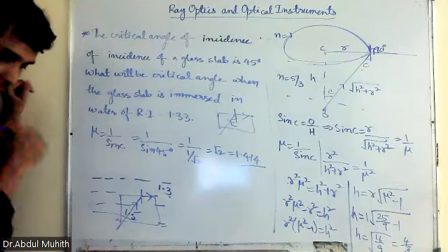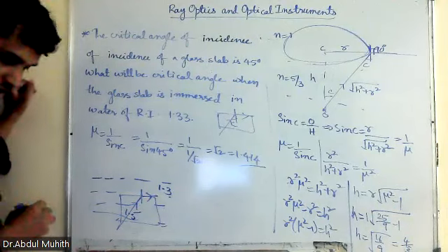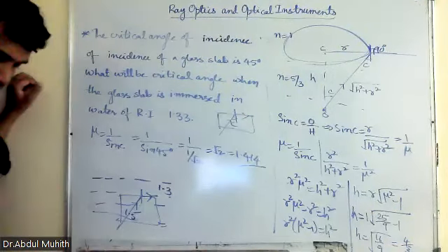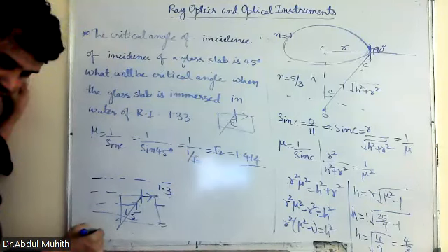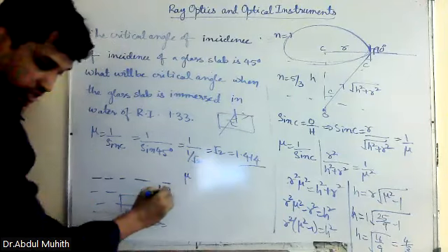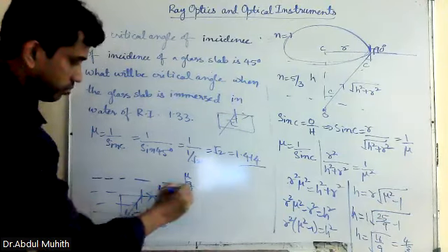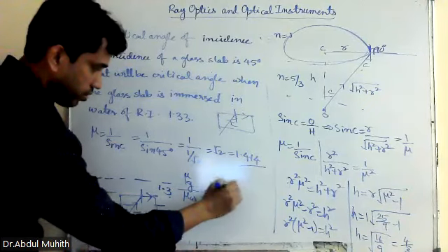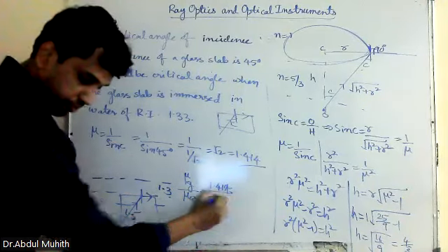Okay. So we have the formula, right? You can use a simple formula. Here we have refractive index of glass by refractive index of water, which is 1.414 divided by 1.33.